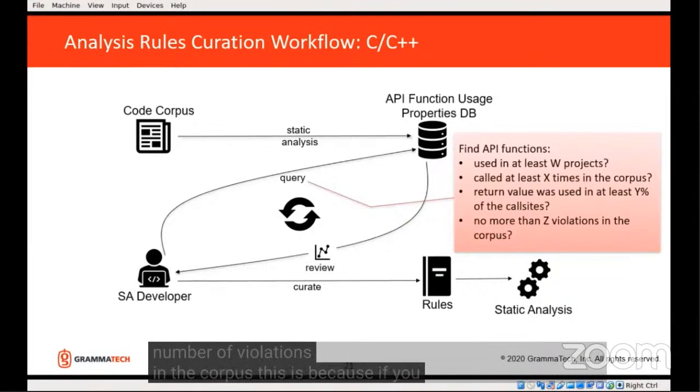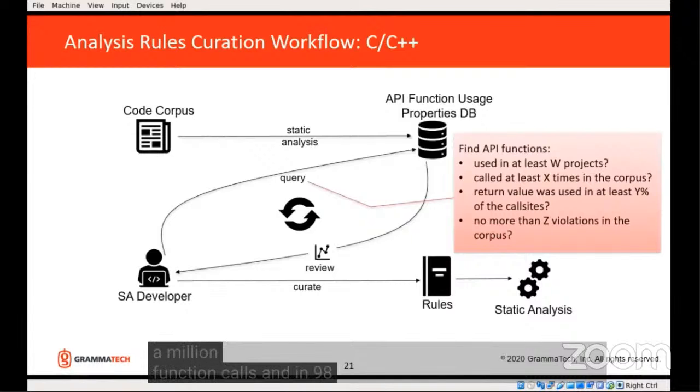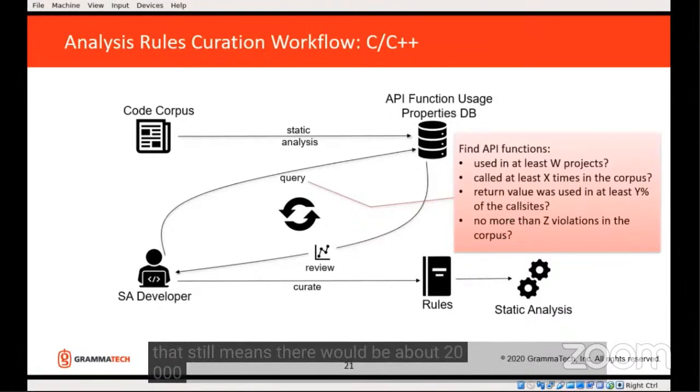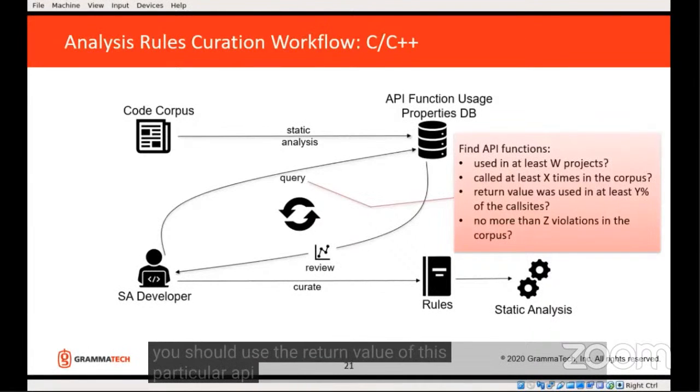This is because if you had a million function calls and in 98% of the cases, the return value is used, and in 2% of the cases it was not, it still means there would be about 20,000 violations if we make up a rule that says you should use the return value of this particular API.